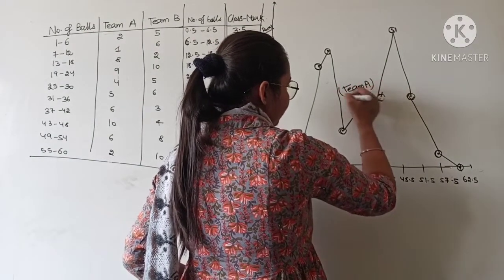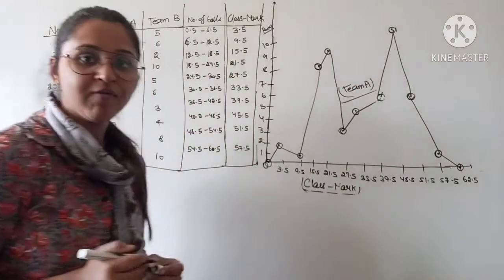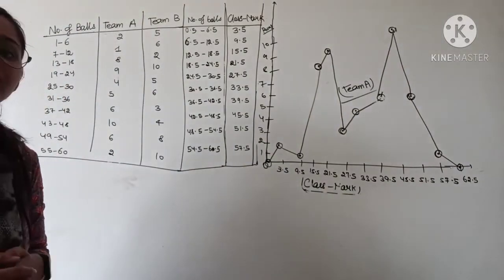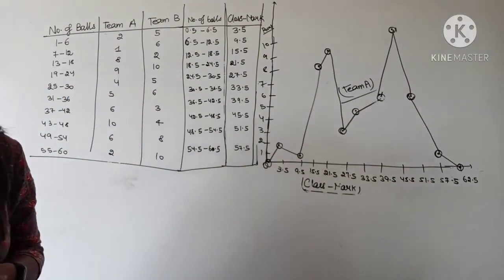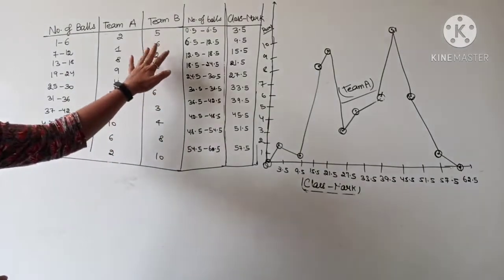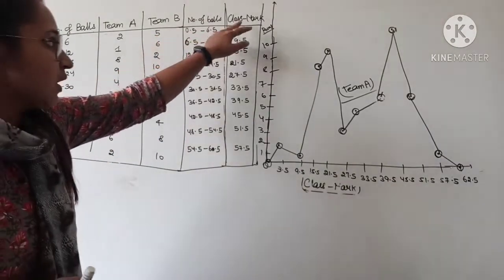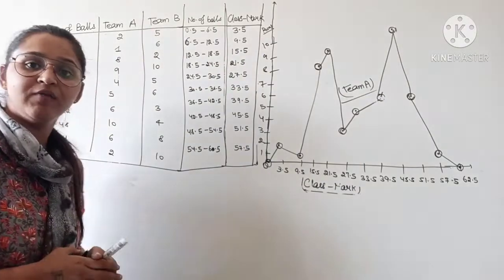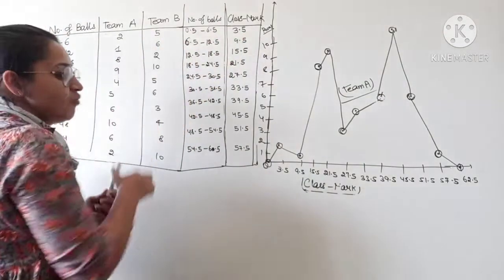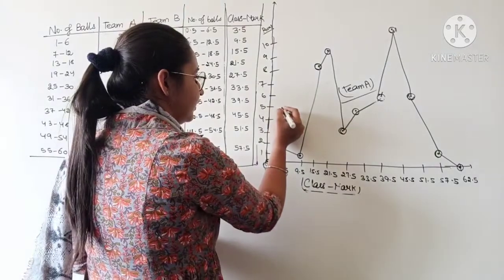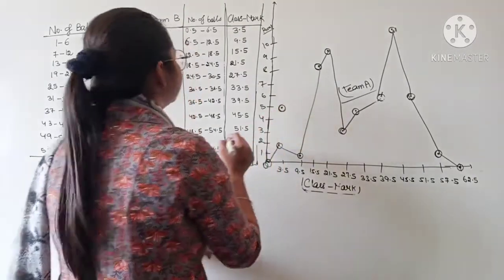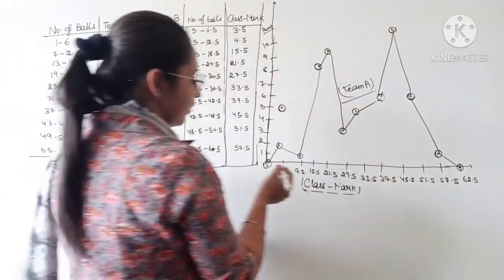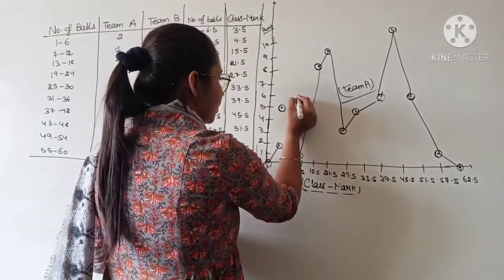Now what will I do? I have to draw the graph on the same graph for both of the teams. Now I will plot the points for team B. Class mark will be the same, just the frequency will be changed, that is, the y coordinate will be changed. 3.5 comma 5. This is first. Then 9.5 comma 6.